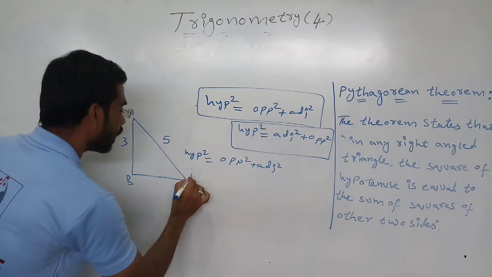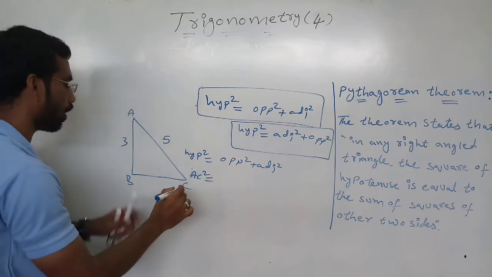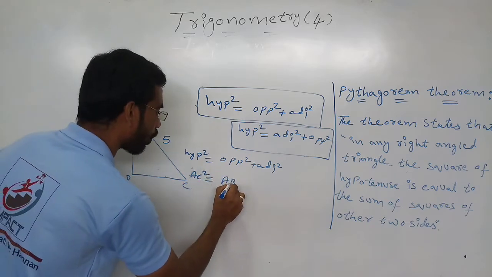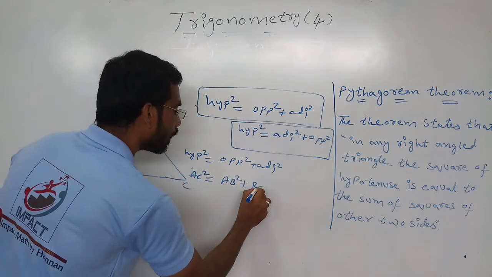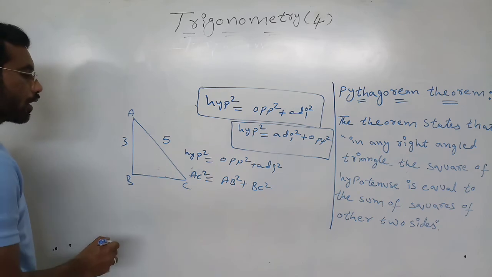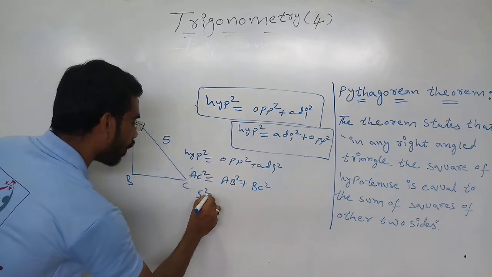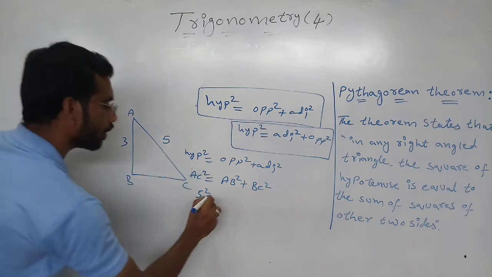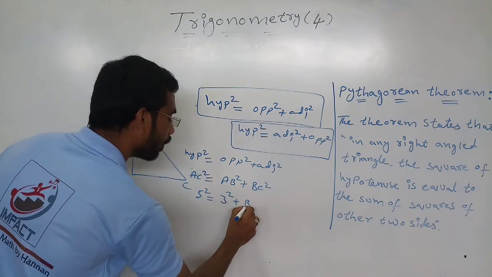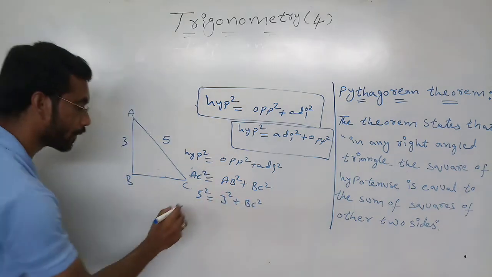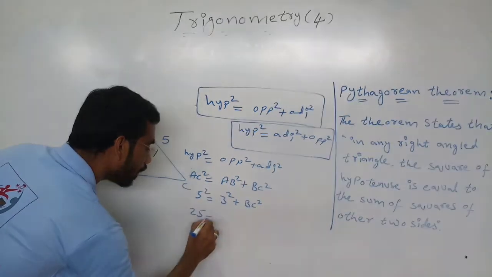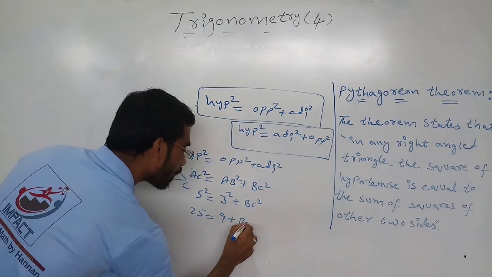AC square is equal to, taking AB as opposite, AB square plus BC square. Now AC is 5, so 5 square is equal to AB 3 square, and BC we don't know, we are going to find out BC. 25 is equal to 9 plus BC square.